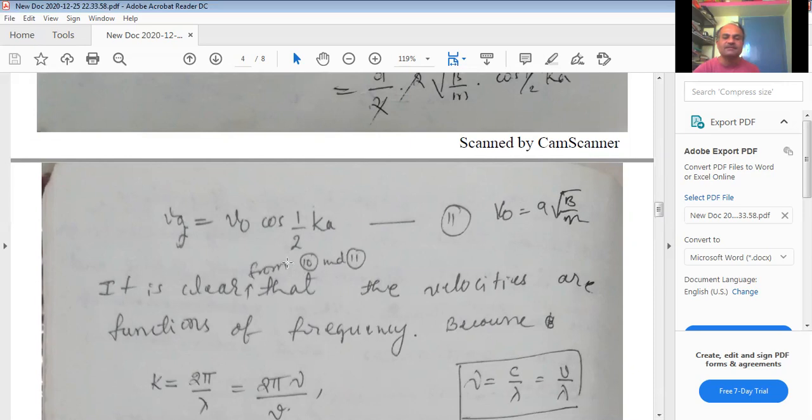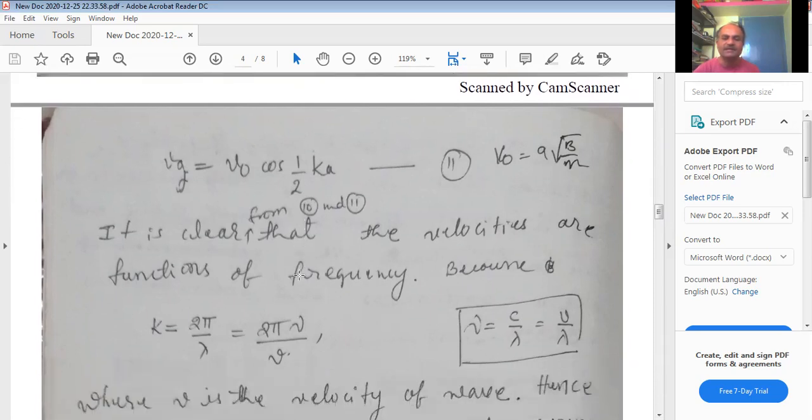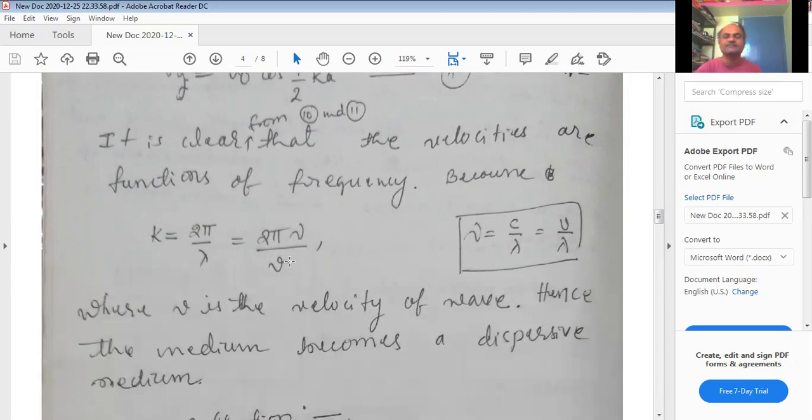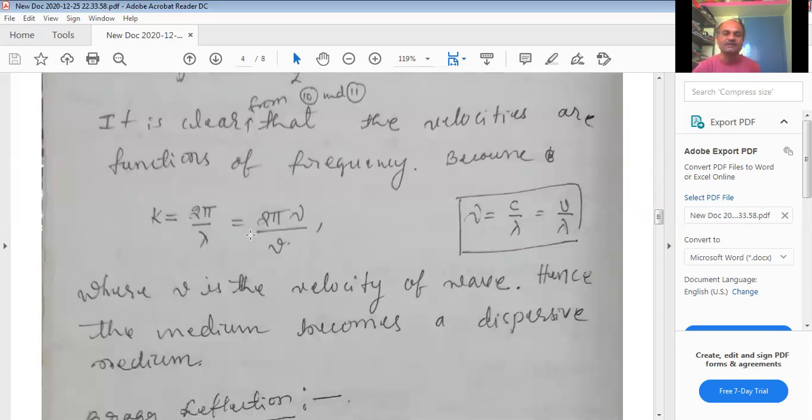So it is clear from equations 10 and 11 that the velocities are functions of frequency. So in the longer wavelength, the velocities are not dependent on the frequency, but for the shorter wavelengths, the group velocity and phase velocity become functions of frequency. So the dispersion effects are very important at the shorter wavelengths.